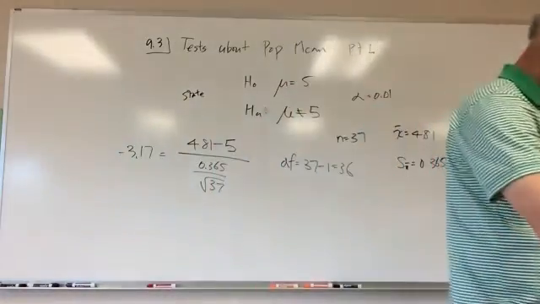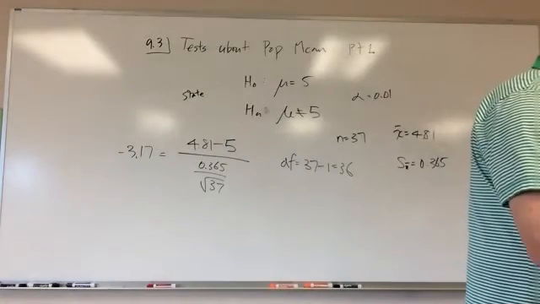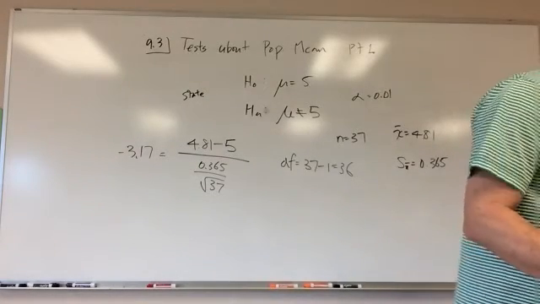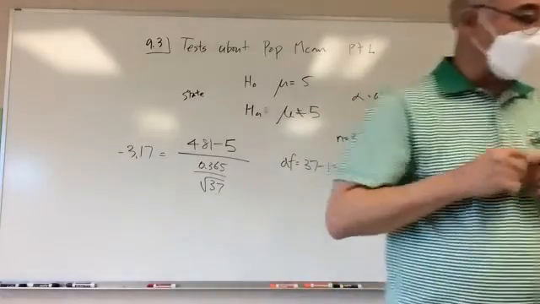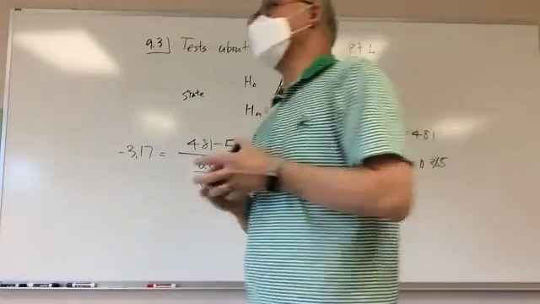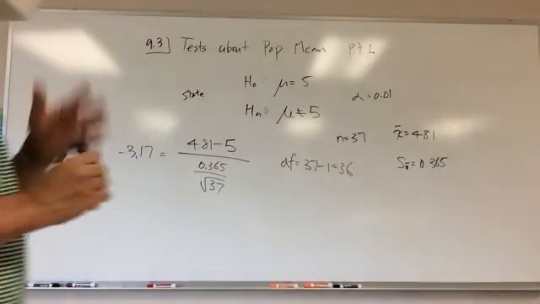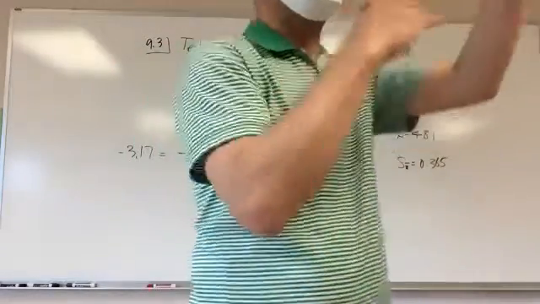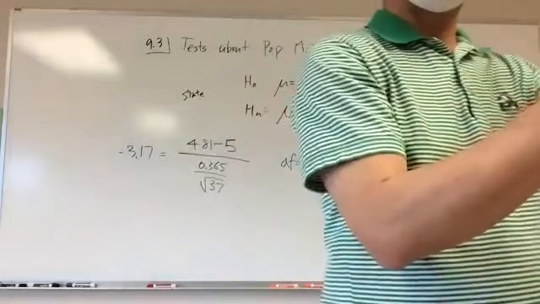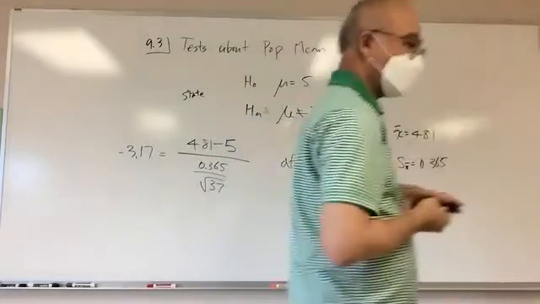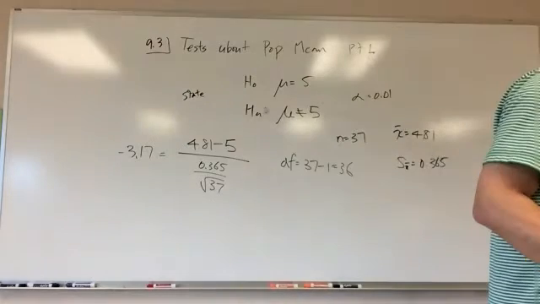And the p-value, right? So I check the p-value, what do I get? If you look at the back of the book, 36 is between 30 and 40. We do not actually have a degree of freedom of 36. When you're in between two numbers, you always choose the lower number, so you use 30 degrees of freedom.